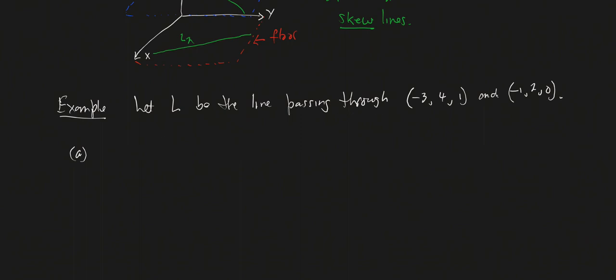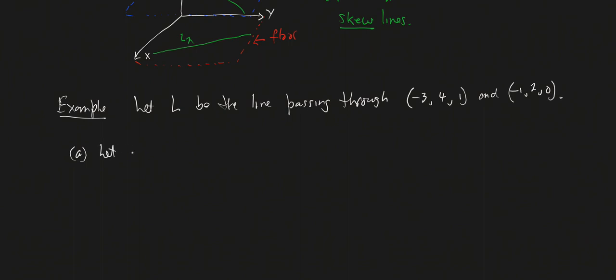Well, here we're not just given 1 point, we're actually given 2 points, right? So you can use any one of these as the terminal point of your position vector from the origin. In other words, you can call this P0 or you can call this P0. It doesn't matter, right? So I'm just going to use the first ordered triple. I'm going to let that be my P0.